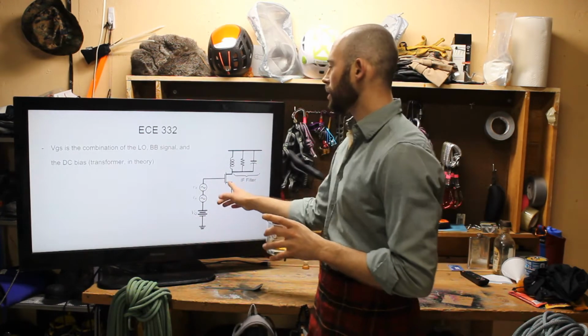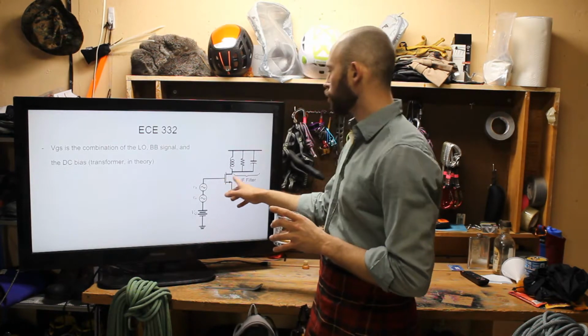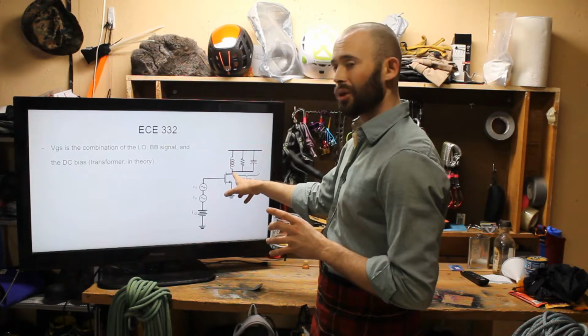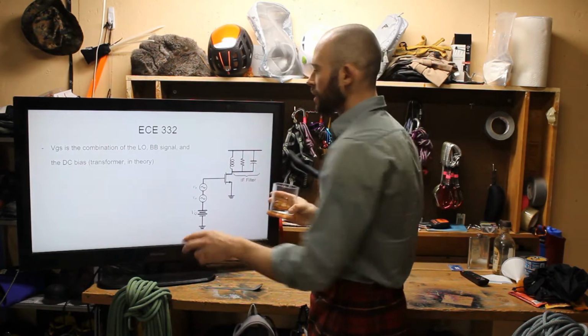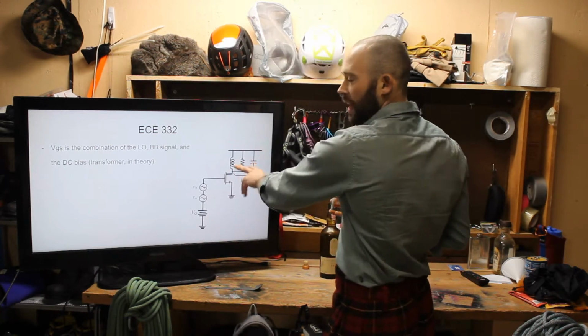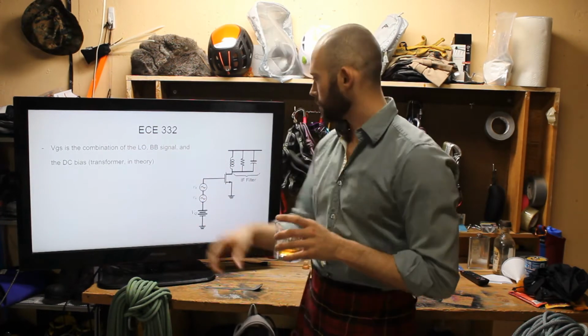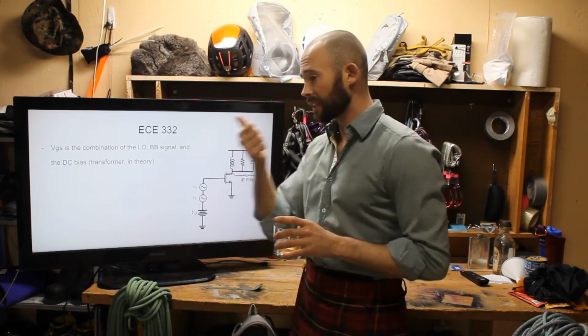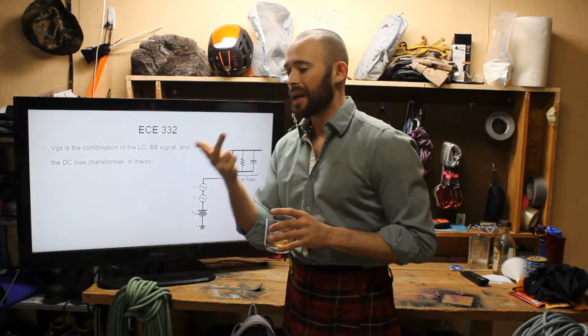This is going into the gate of the transistor, which is controlling the output voltage. And this is also tuned, just like the previous inductor capacitor parallel circuit, to create a resonant frequency. And this is also how we filter again. So this transistor is acting as a mixer, as an amplifier, and as a filter.